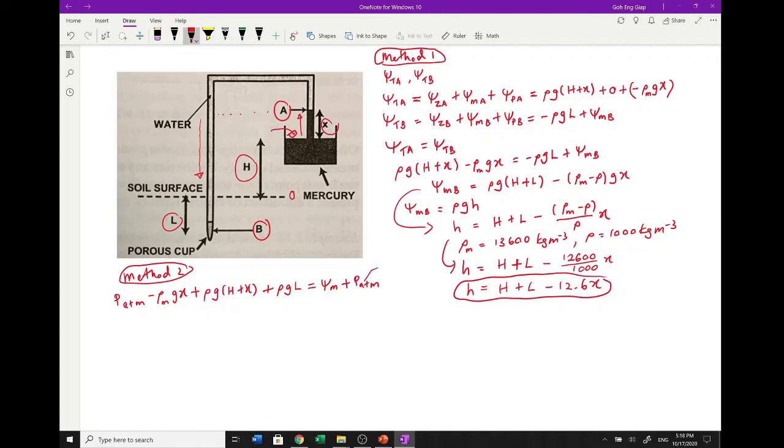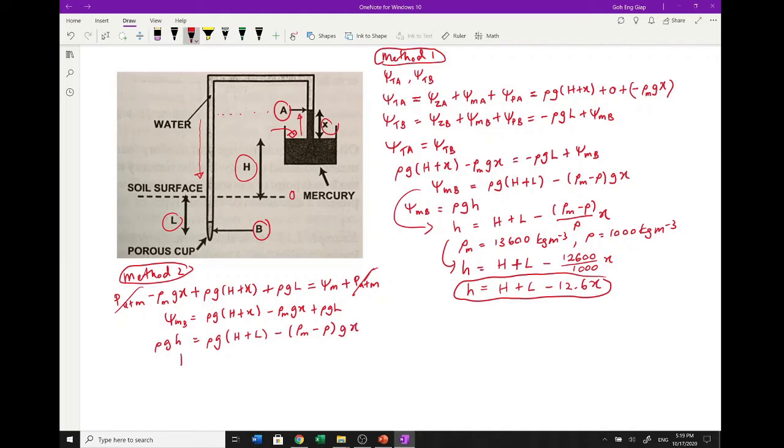Of course the matric suction potential also has to account for the atmospheric pressure. So in this case, atmospheric pressure can be cancelled out. So you can simplify the equation further into this form: rho g (h plus x) minus rho m g x plus rho g L. So we can take the matric potential for point B as rho g h, and here is rho g (h plus L) minus rho m g x minus rho g x.